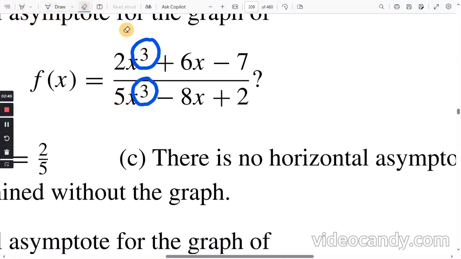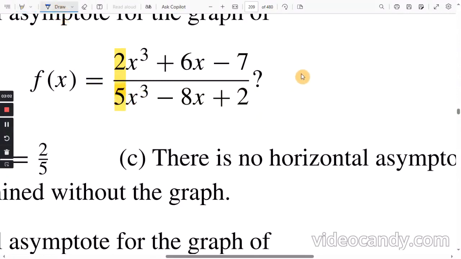All right. So the leading coefficient is the coefficient with the variable with the highest exponent. So here it's a 2. And over here, the leading coefficient is a 5. All right.